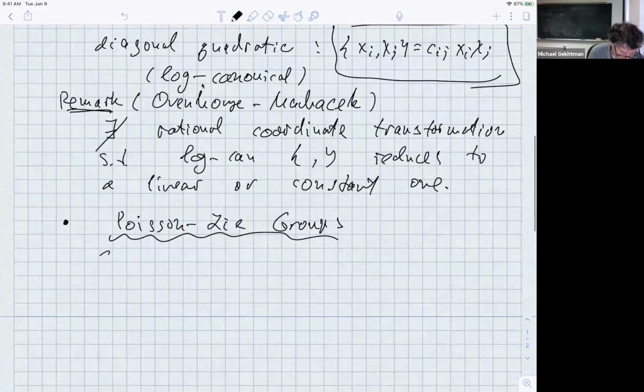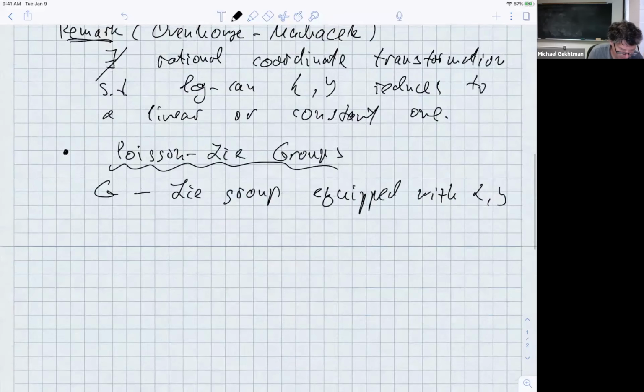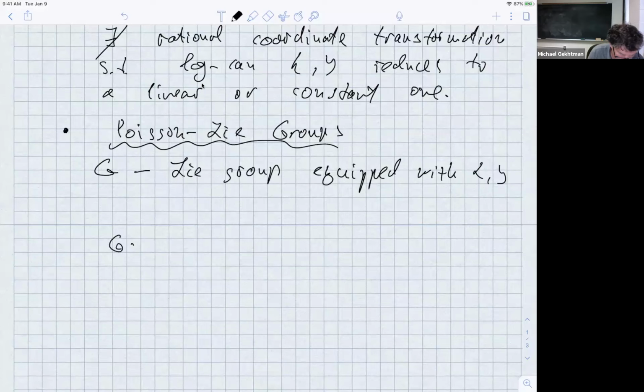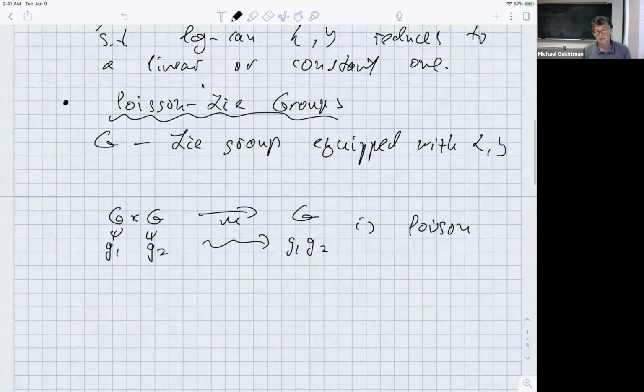So in this case, G is a Lie group equipped with a Poisson bracket, and we assume that the multiplication map, where you take two elements and send them into their product, is Poisson. So that's the definition of a Poisson-Lie group.